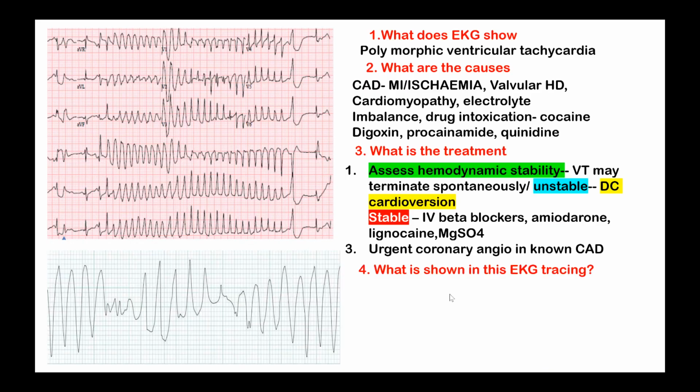Now, what is shown in this ECG tracing compared to the above one? What is the difference in this? It's torsades de pointes, sir. Okay, twisting on its own axis. In what way is it different from polymorphic ventricular tachycardia?